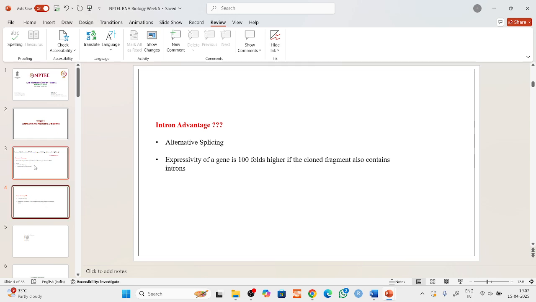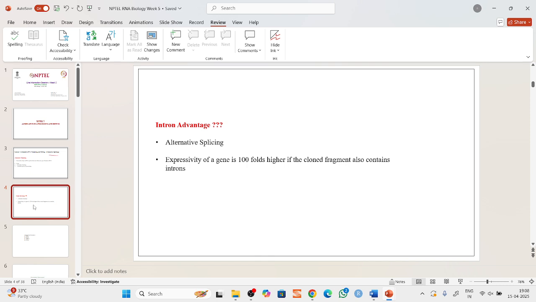Now what is the advantage of this alternative processing? Basically, when introns are spliced out in different ways, it can lead to different versions of mature mRNA. But the question here comes: we are splicing the introns, correct?